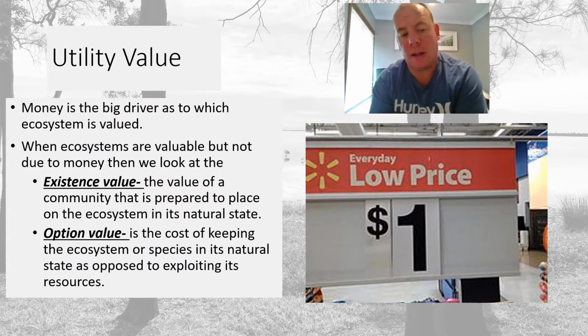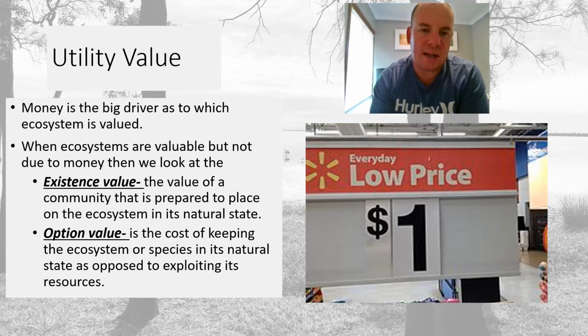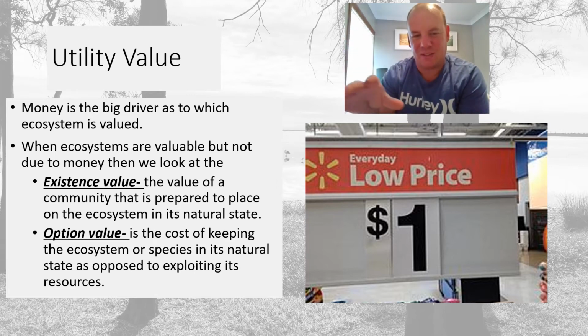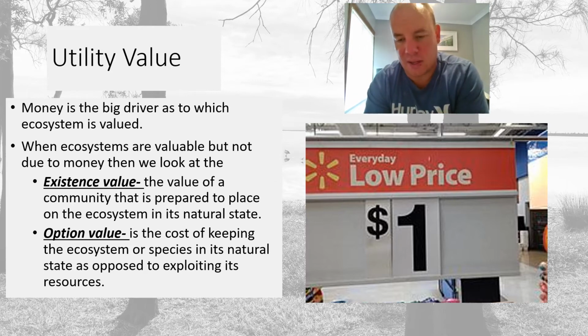Now, utility value also doesn't have to be solely around money. So basically, when an ecosystem is not valued towards money, then we look at its existence value, which is the value a community is prepared to place on the ecosystem in its natural state.